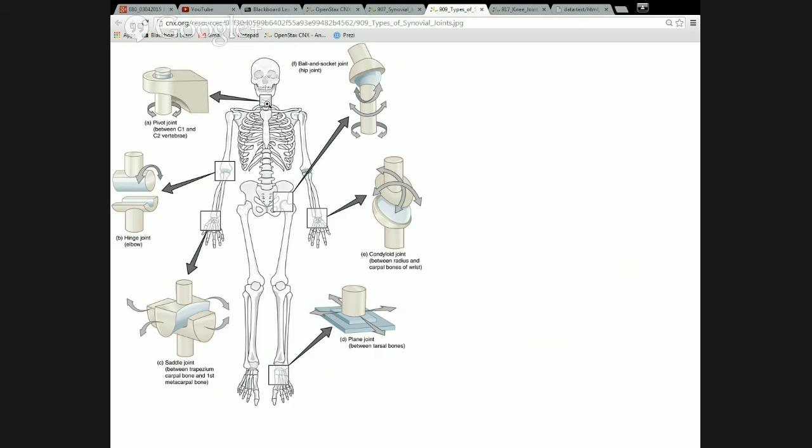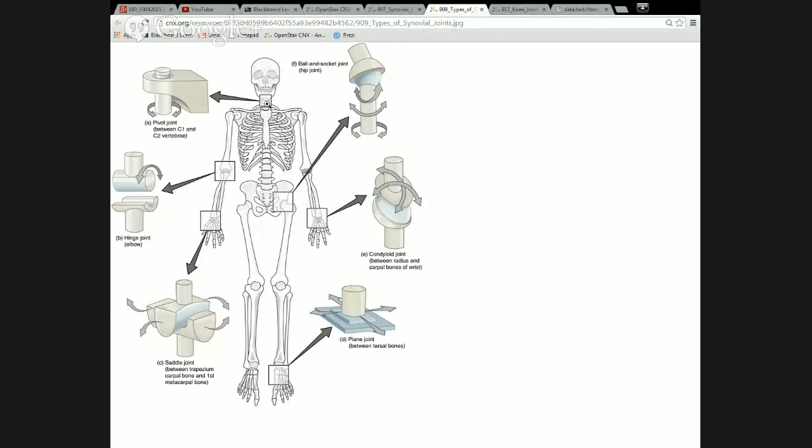It's named Atlas because it holds up your head, just like Atlas from Greek mythology held up the world. And then C2 is called Axis because it's the axis around which Atlas will rotate. So if my hand here is C1, Atlas, it rotates around Axis like this, making it possible for you to move your head back and forth, to rotate your head there.